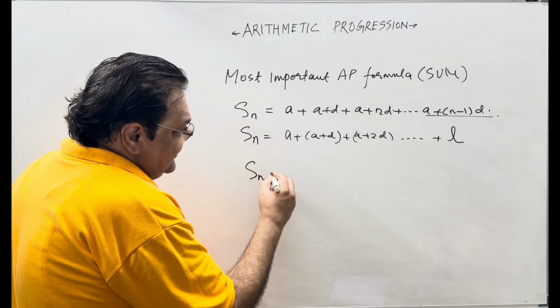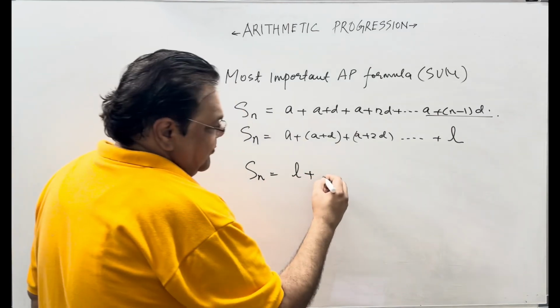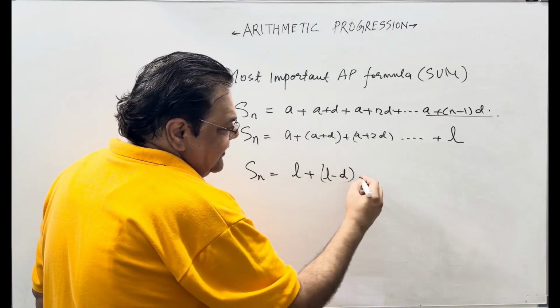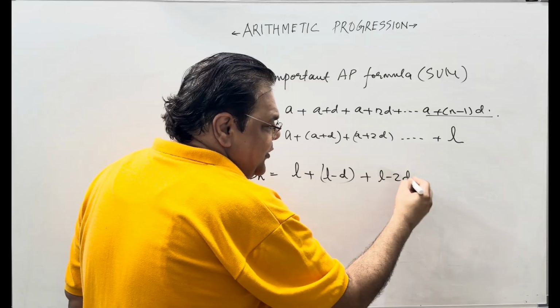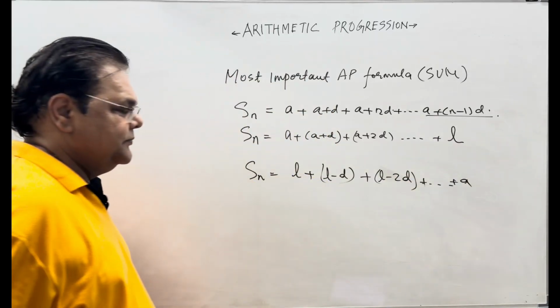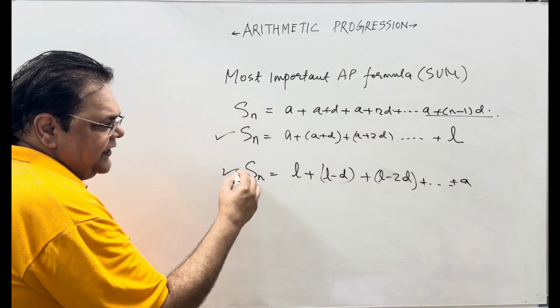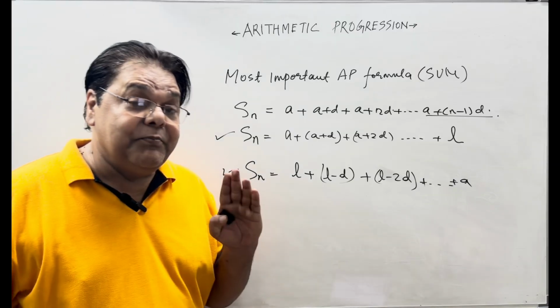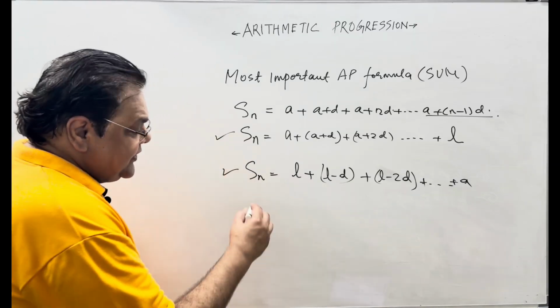So Sn is equal to L plus L minus d plus L minus 2d down to a. So you have this, you have this. Add both. What do you get?